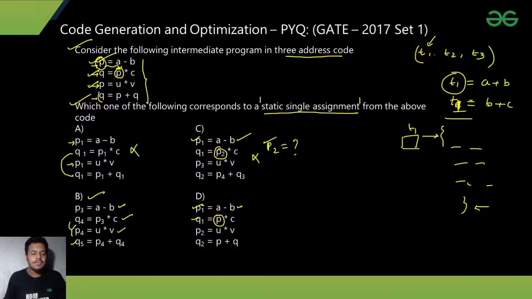But here in the first statement the assignment operation was taken to P1 only. So now we don't know what this value P is going to express. This variable P is going to contain, we don't know, so it is not following our data flow. So option D won't be the correct option. So the only correct option is option B, right? So for this question the correct option is option B.